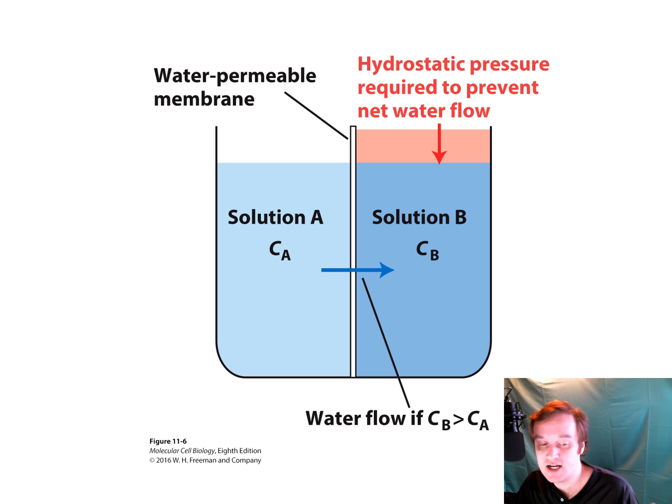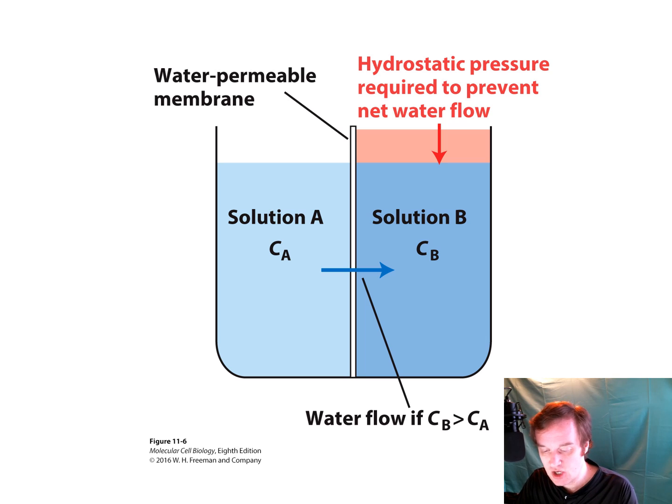So osmosis is the spontaneous diffusion of water across a semi-permeable membrane from a solution of lower solute concentration, where there's a relatively high water concentration, to one of higher solute concentration, which has lower water concentration.